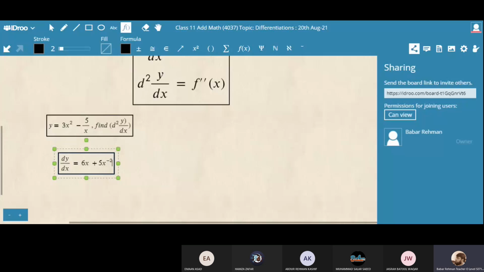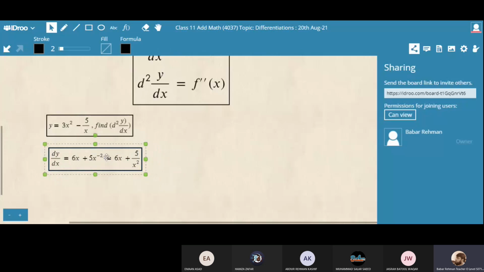So in simple form, what can I write? 6x plus 5 upon x squared. Okay, this is the first derivative.